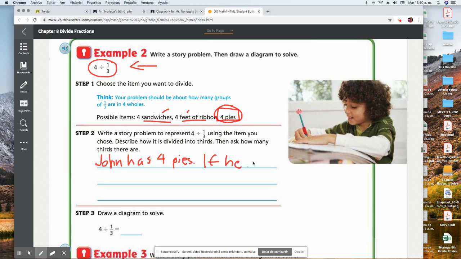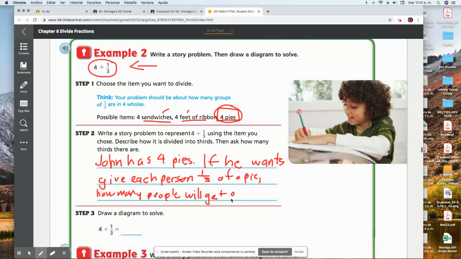If he wants to give each person one-third of a pie, how many people will get pie? Okay, so this would be my word problem that goes with the number sentence.